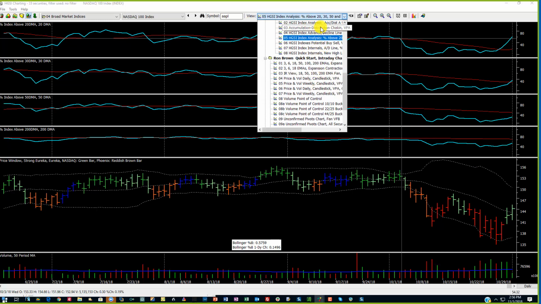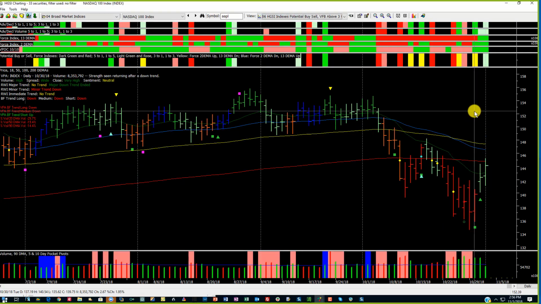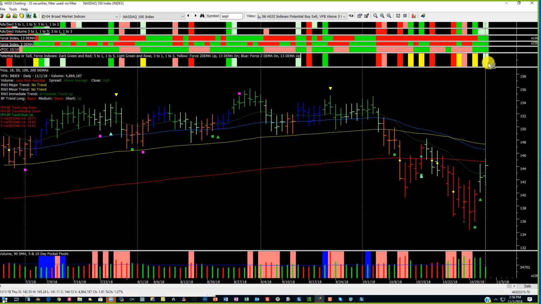Let's see if it has generated potential buy and sell. It did on this day right here. Remember, this is the Nasdaq 100 index. Here's a yellow bar, and these other indicators turn green, everything but the Force 13, which is going to lag because it's based on a 13-day period. But here we're getting, this is not a 5 to 1 day.